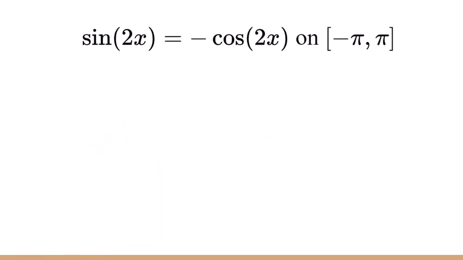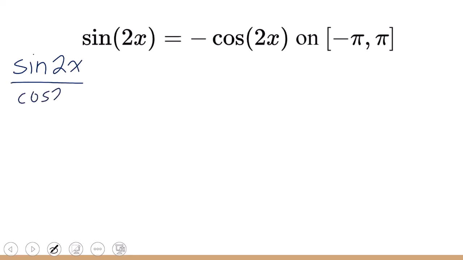Our next question, we have some trig going on here. So we're trying to find what are the x such that sine 2x is equal to minus cosine 2x for the interval minus pi to pi. Okay. So firstly here, I'm going to do some rearranging to make this a bit easier to handle. I'm going to rearrange sine and cosine on the same side.